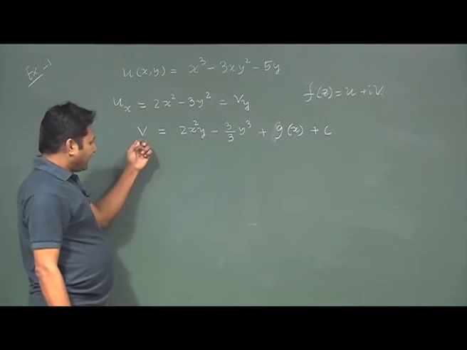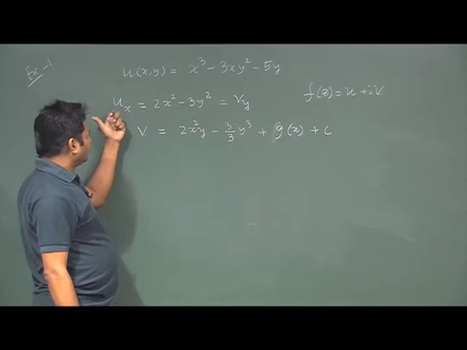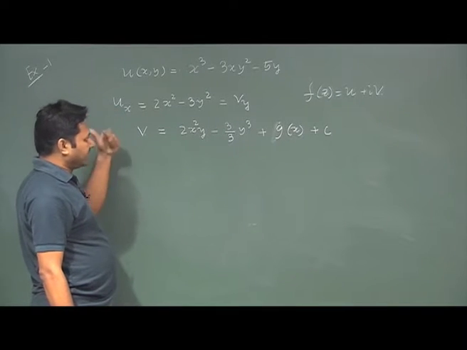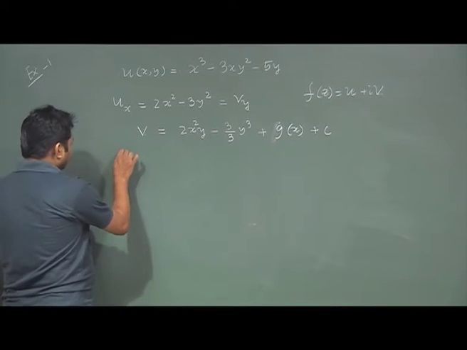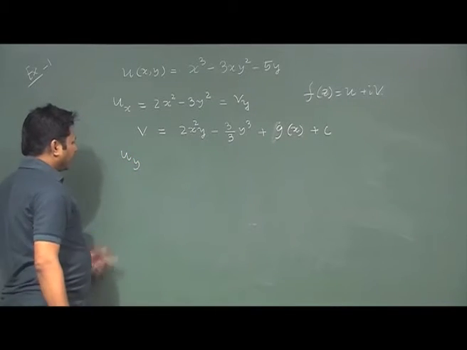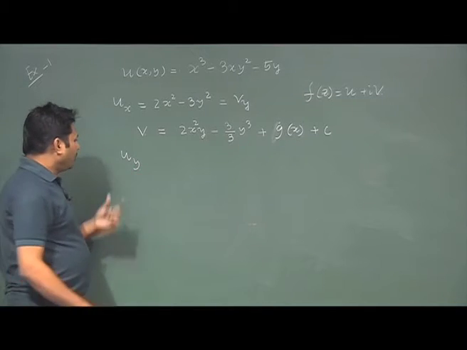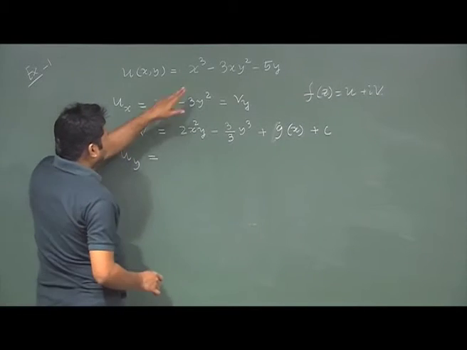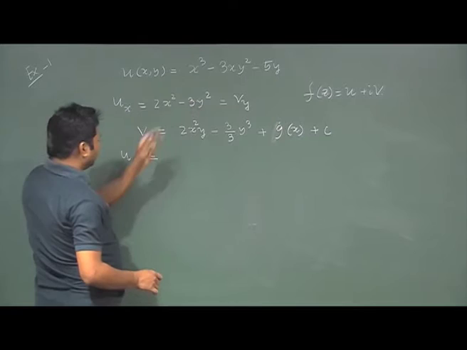Now, once I have this, also the Cauchy-Riemann equation gives me another expression. So, another expression is uy. uy is the partial derivative of this quantity with respect to y.